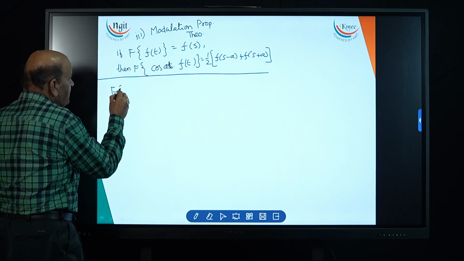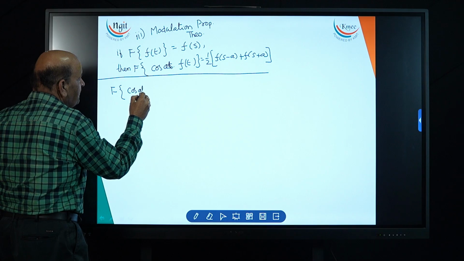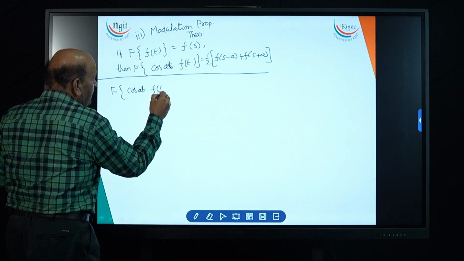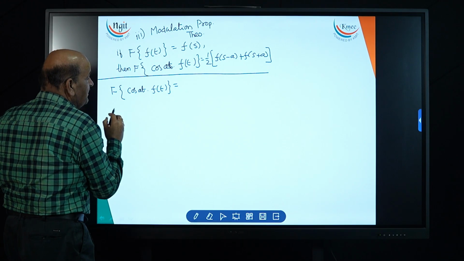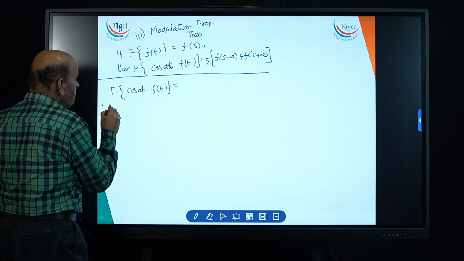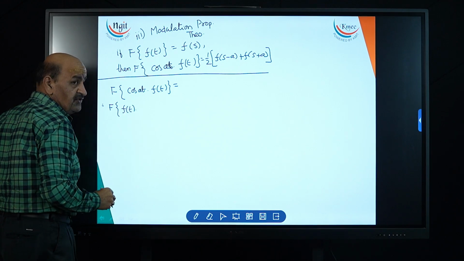The Fourier transformation of cos at multiplied with f of t is equal to the Fourier transformation of f of t into cos at.